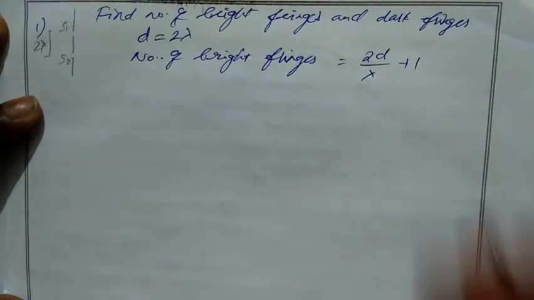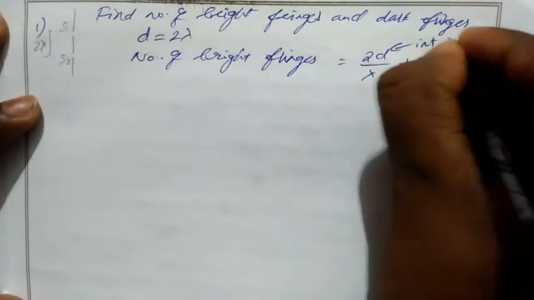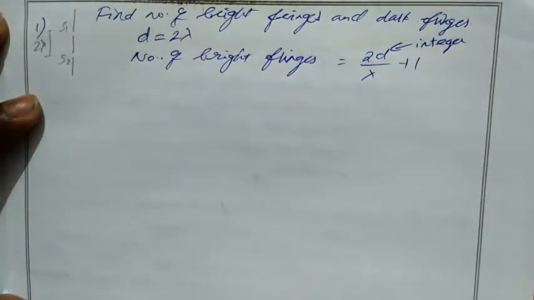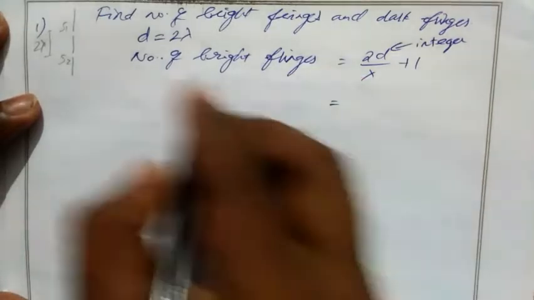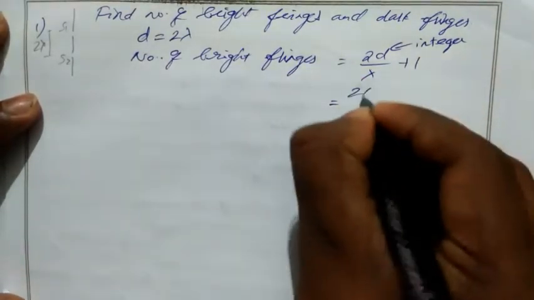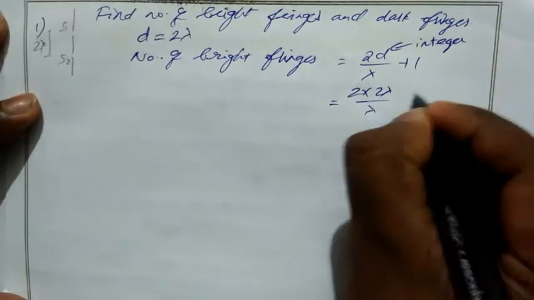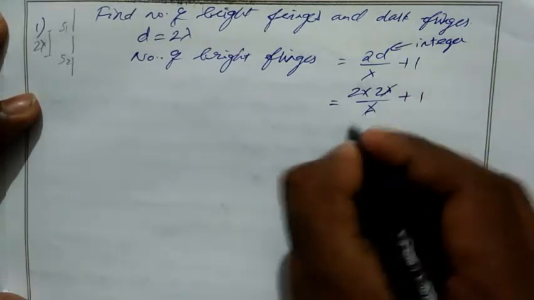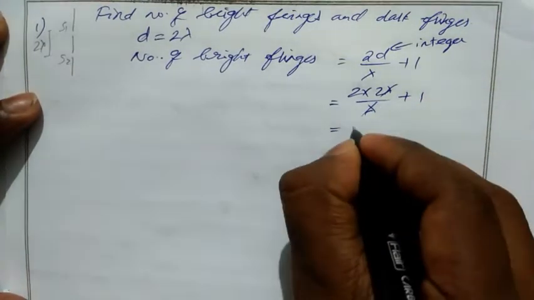This value should be an integer, not a decimal. So instead of d, substitute 2 lambda: 2 into 2 lambda divided by lambda, plus 1. Lambda gets cancelled. Then we have 4 plus 1, which is 5.